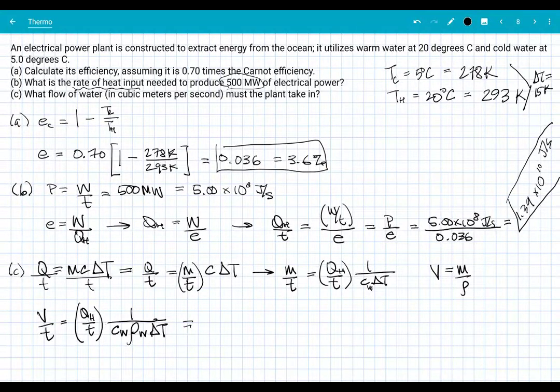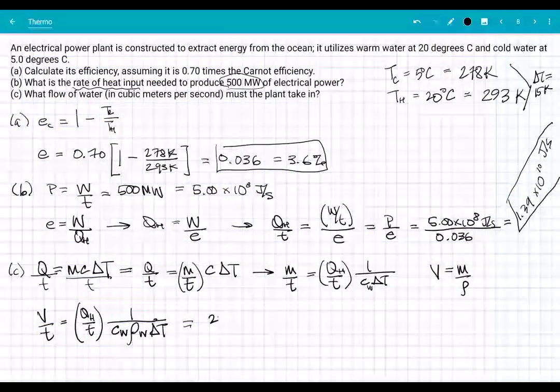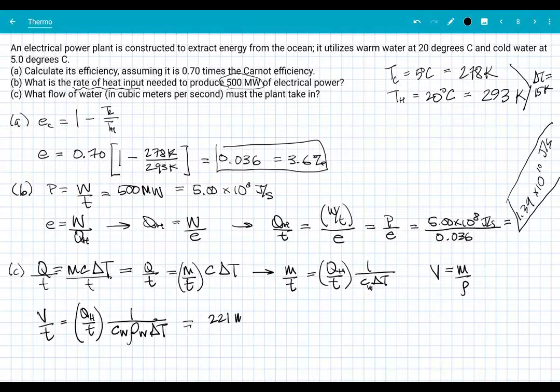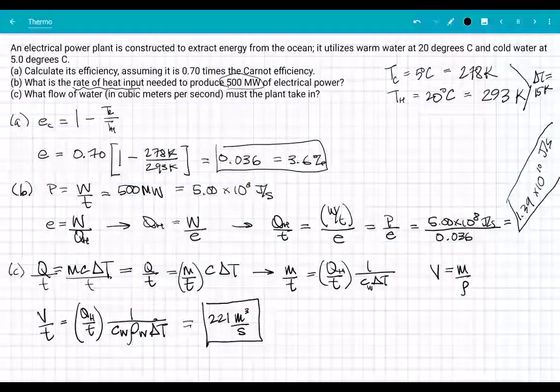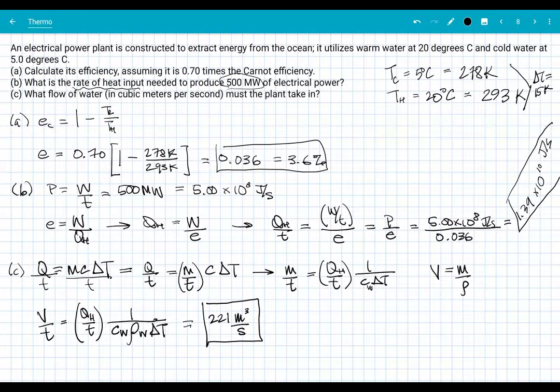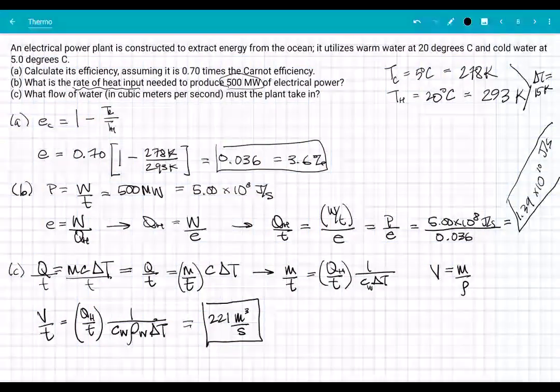When you do that numeric calculation, and you can find the details in the written solution, you will get something like 221 cubic meters per second as far as the water flow. And if you were looking at building this thing, you would have to look at the equipment necessary, look at the site, and see if that would work at all for the site of this power plant.